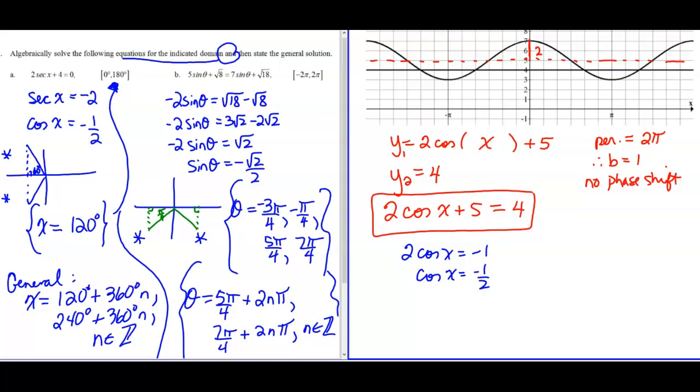Okay, so solve it for negative 2 pi to positive 2 pi. This is negative here and here. One half. Okay, so that is pi over 3.